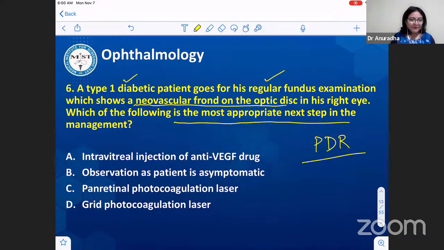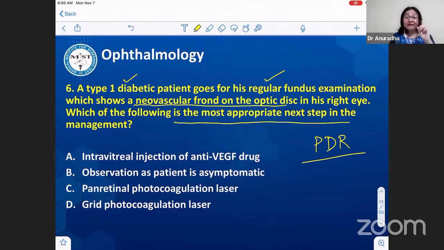So all of you agree. Now, what is the most appropriate step in the management? Will you give an intravitreal injection of anti-VEGF drug? Or will you just observe the patient because it was a regular examination? Or will you do pan-retinal photocoagulation laser? Or grid photocoagulation laser?